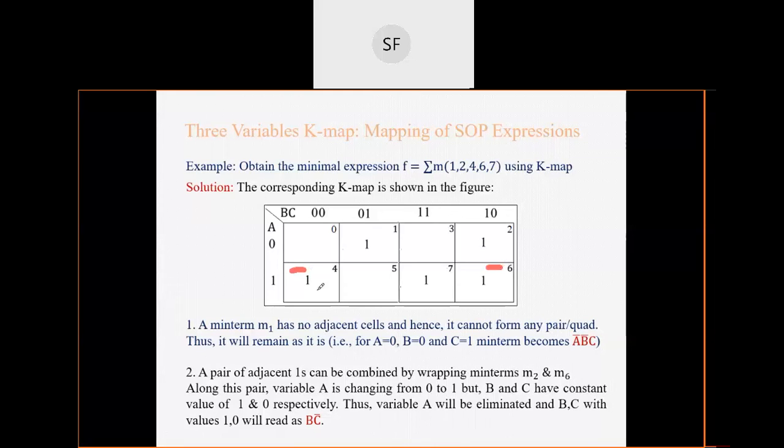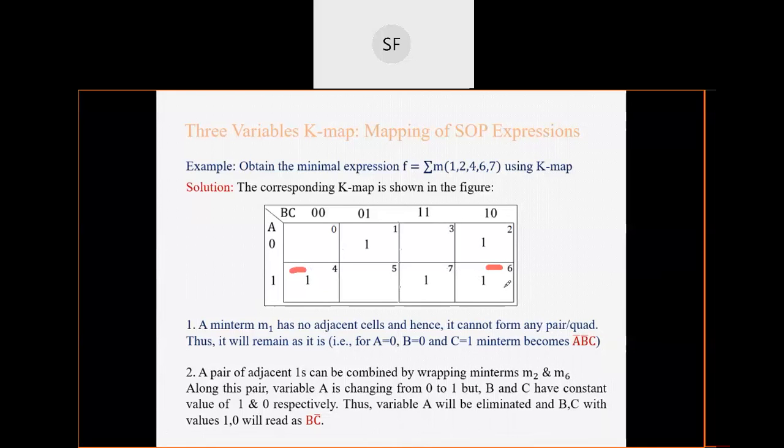Are these two cells adjacent? Just tell me. No.